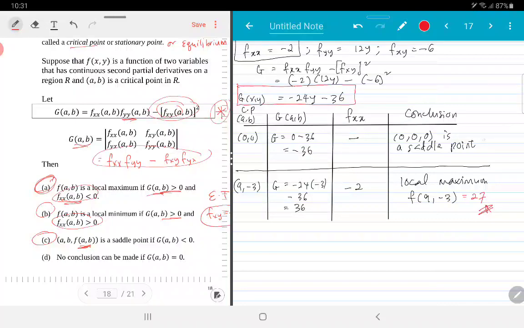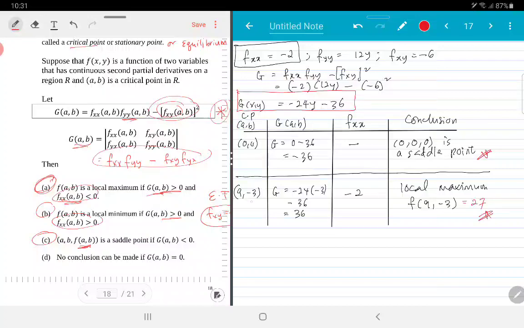So we have a saddle point at the origin 0, 0, 0, and we have a local maximum when x is 9 and y is negative 3.